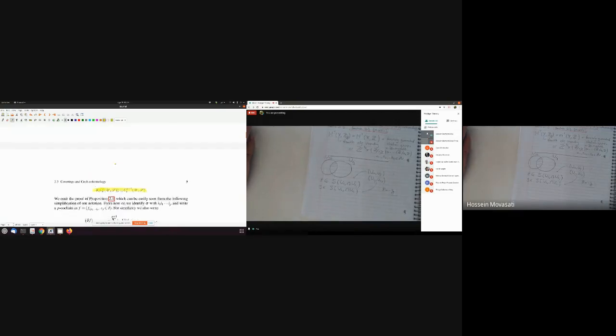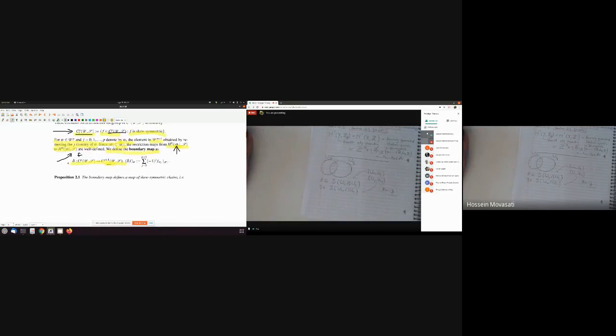And from now on we can forget this delta. Otherwise we will focus our attention on this, putting some subindex S here. So it goes from skew symmetric to skew symmetric.